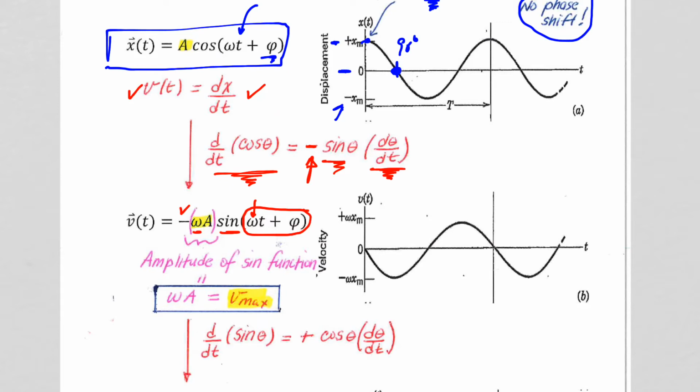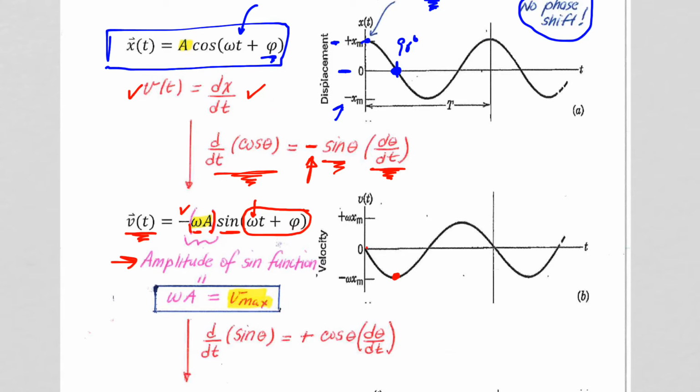So I'm going to bracket, and I ask you to please bracket the omega A together, because whatever sits out in front of the sine or cosine function is the amplitude of that function. So omega A is the amplitude of the velocity function, and that will be the maximum velocity that our block oscillator will have. So it's a negative sine function.